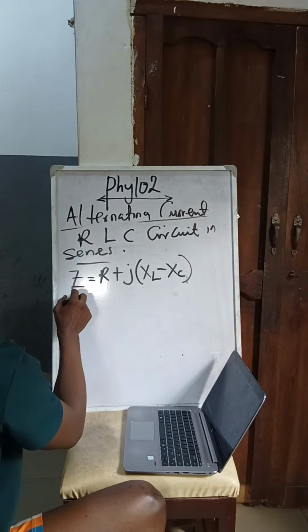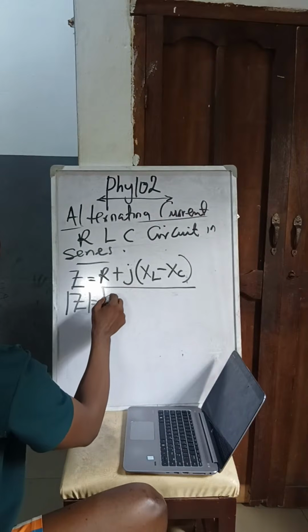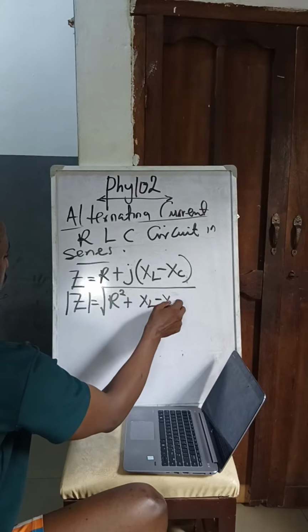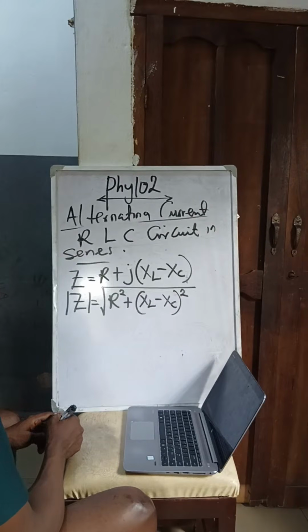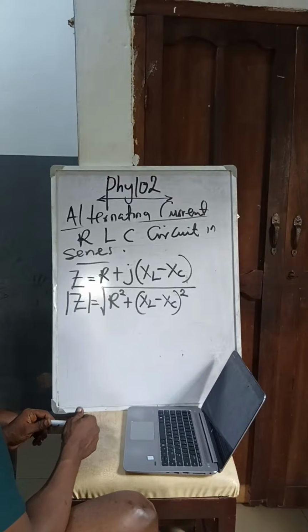So the Z magnitude is equal to the square root of R squared plus (XL minus XC) squared.